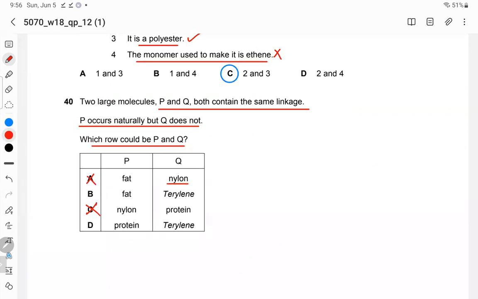They are asking about the same linkages. Protein has an amide link and polyethylene terephthalate has an ester link. Fat has an ester link and polyester has an ester link. Fat is natural and polyester is man-made synthetic. So B is the correct answer. Is it clear to everyone?